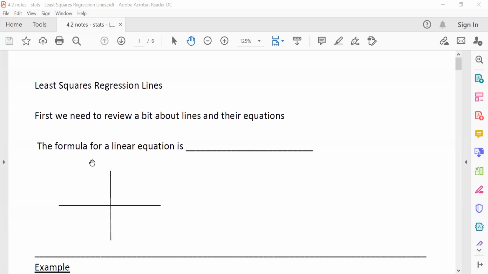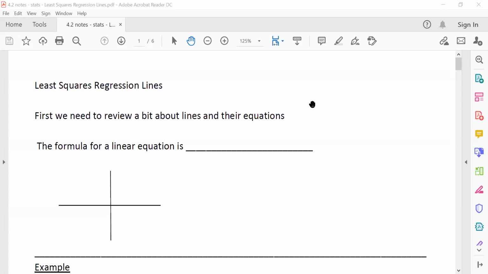Let me open up section 4.2 because I'm very boring and I like to go in sequential order. Okay, so now in section 4.2, we've talked about correlation, we've talked about the R value, we've talked about interpreting the R value.